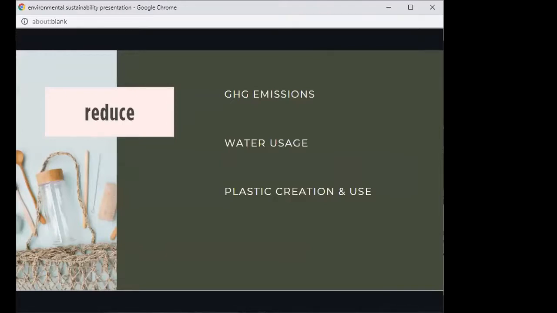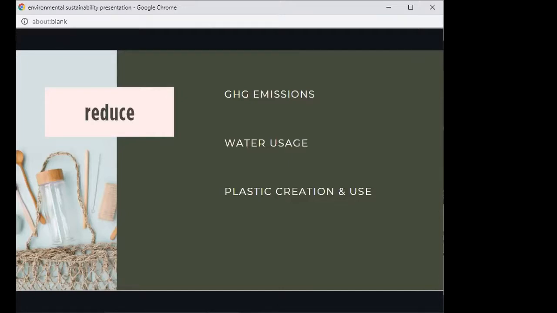So reducing is the most important of the R's, and here's why. First of all, most of the R's that come after reduce either fall under that reduce category, or they're essentially eliminated by the reduce category. So you can eliminate reusing and recycling simply by reducing the amount that we produce and we consume.